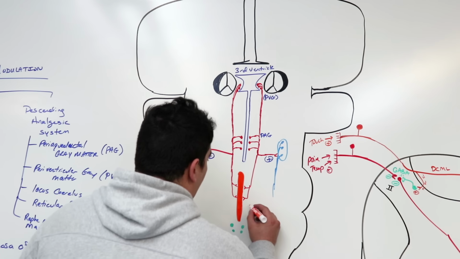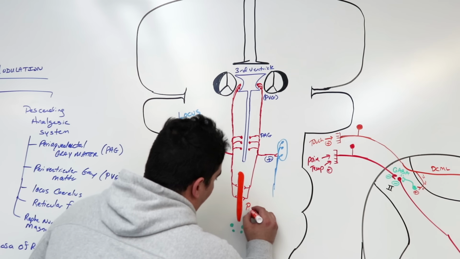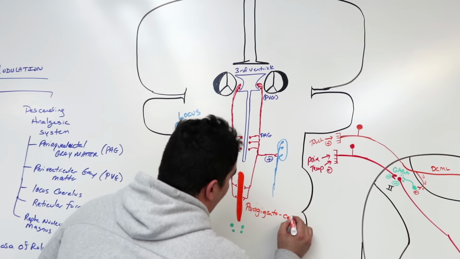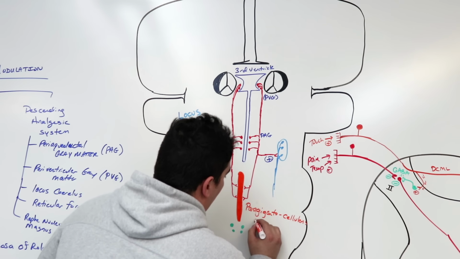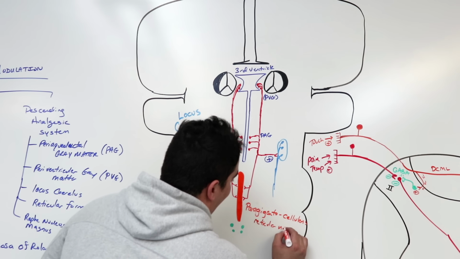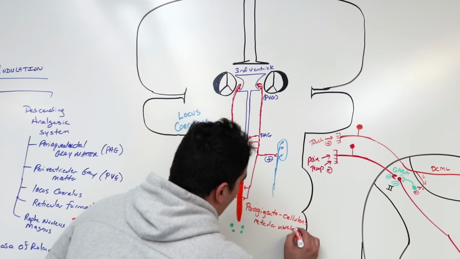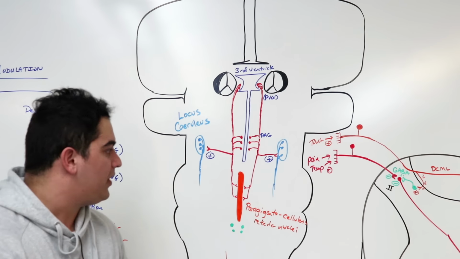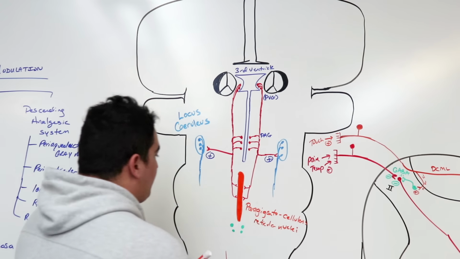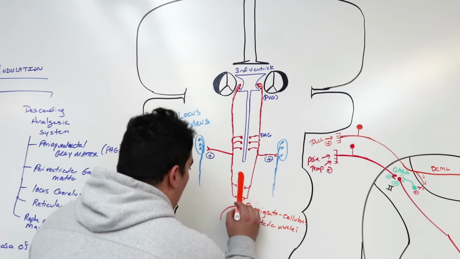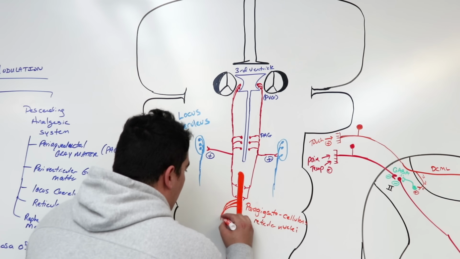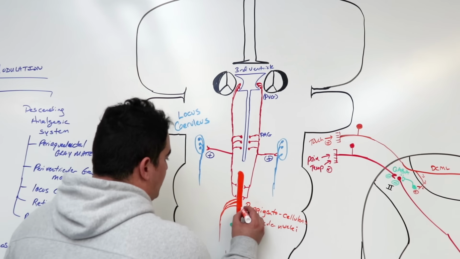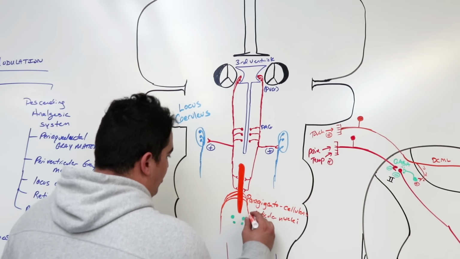The nuclei in this area are called the paragigantocellularis reticular nuclei. These are important. And again, why? Because these guys are going to be rich in another type of neurotransmitter, which is called serotonin. Also, you can call it 5-hydroxytryptamine.